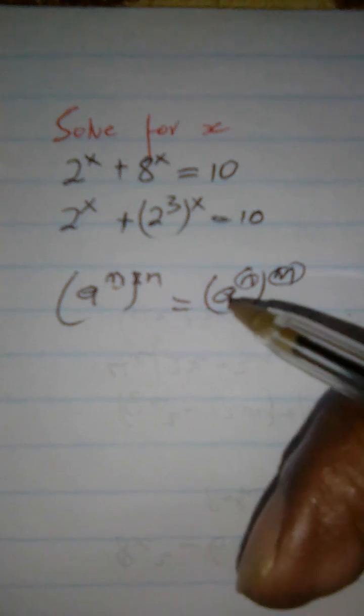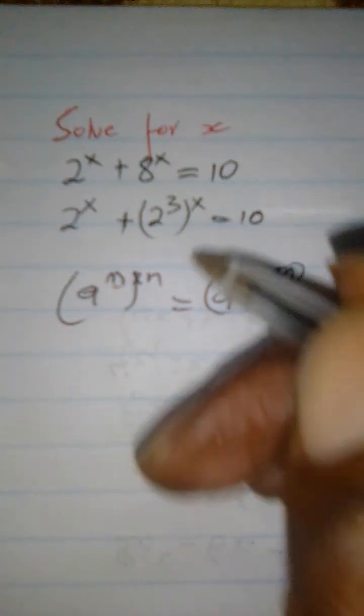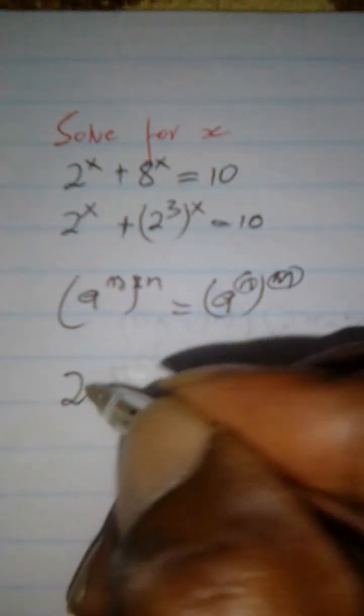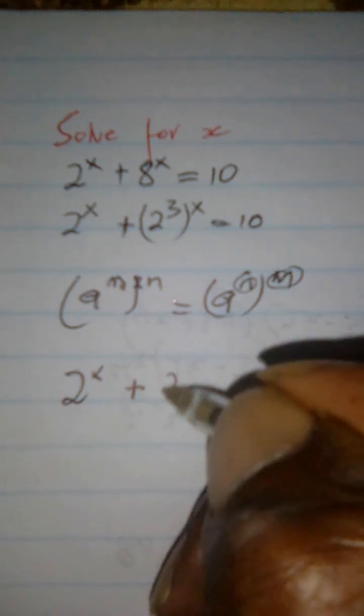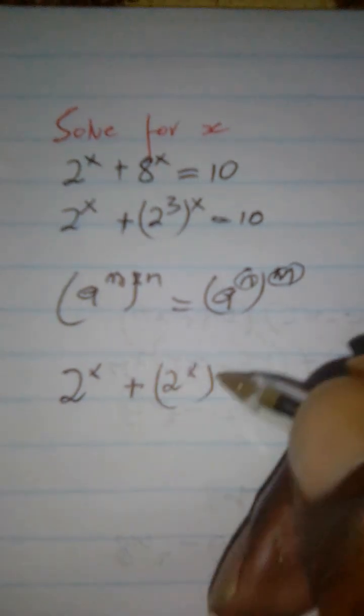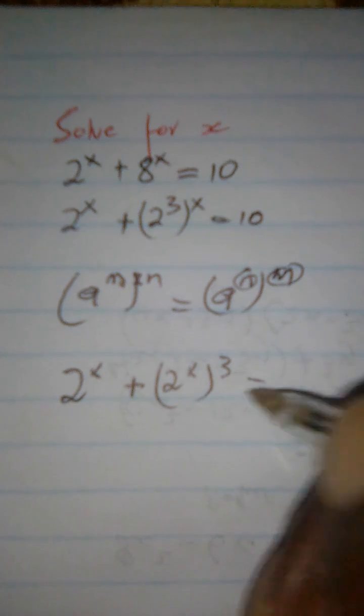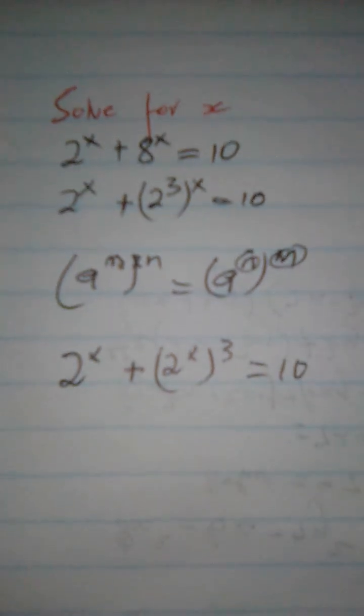So I'm going to apply this property here: 2 raised to x plus 2 raised to x times 3 is equal to 10.